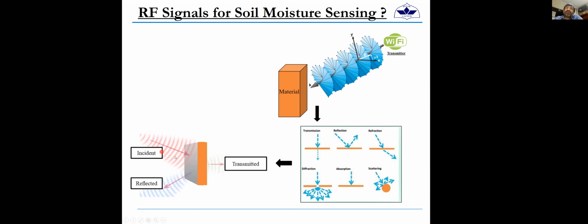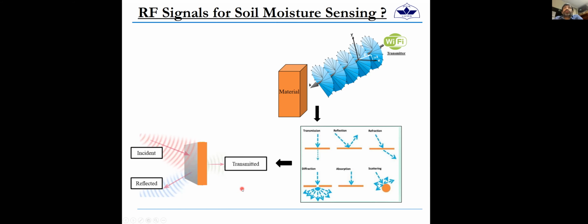A portion of this incident wave will be transmitted through this material, and a portion of this incident wave will be reflected back. Okay? This is the property of electromagnetic waves. This is the property of, for example, light, and so on. So what happens? Do we know how much portion of this incident waveform is reflected and how much is transmitted?